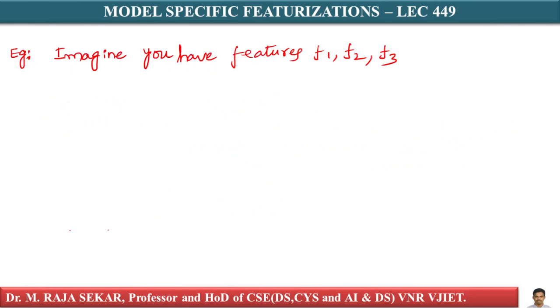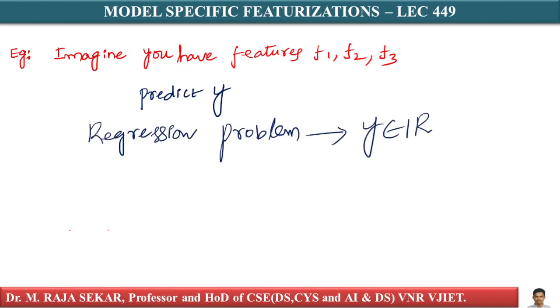This is example 2. Imagine you have features F1, F2, F3 and you are trying to predict y. Let's assume it is a regression problem, which means y belongs to the real number system. Let's say hypothetically we know that y is approximately equal to F1 minus F2 plus 2F3. Roughly, not exactly. And how do you know this?